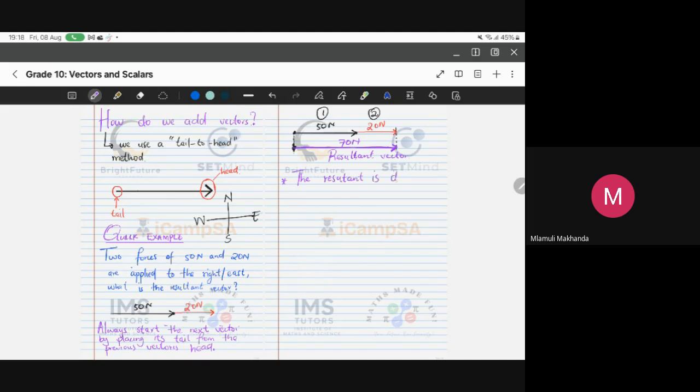Is drawn tail of the first vector to the head.